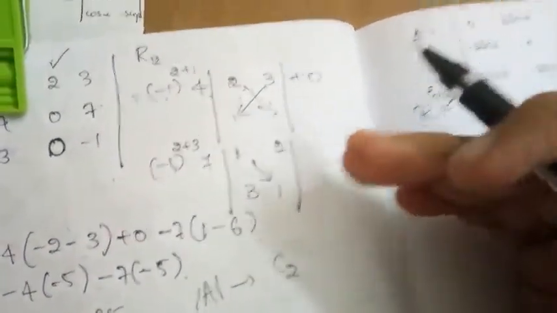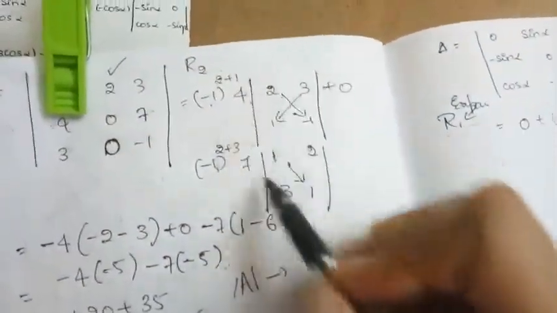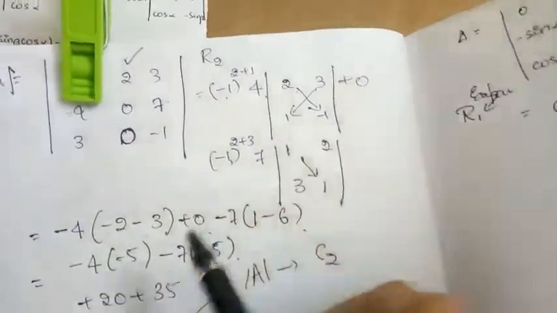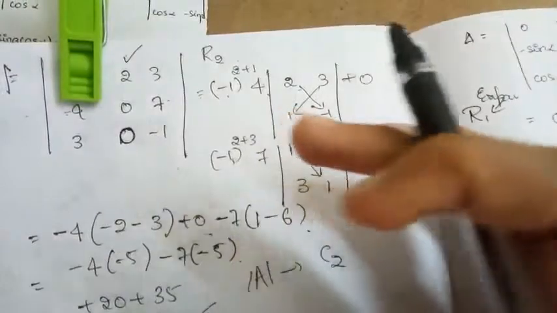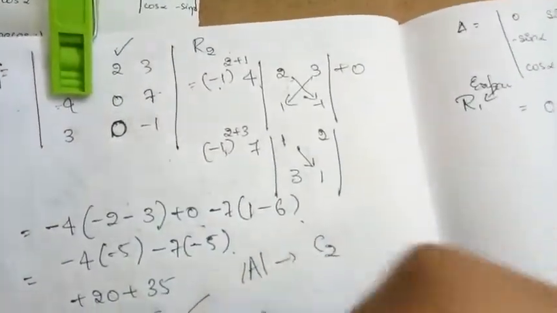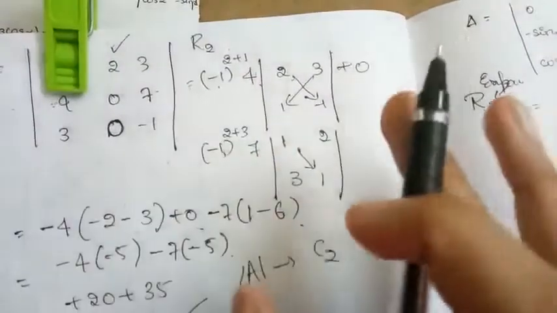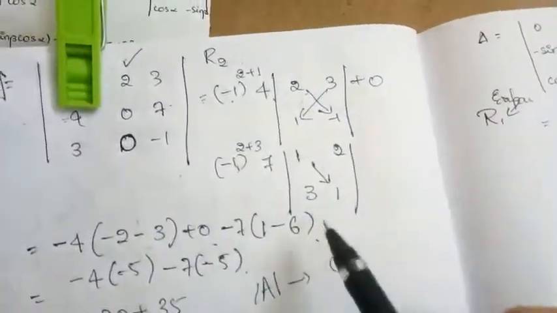With continuous practice, instead of writing like this, you can directly go to this step. It is very convenient. But this comes only with practice. If you just write it once, you are not going to do it properly without practice. So practice is very important for solving determinants.